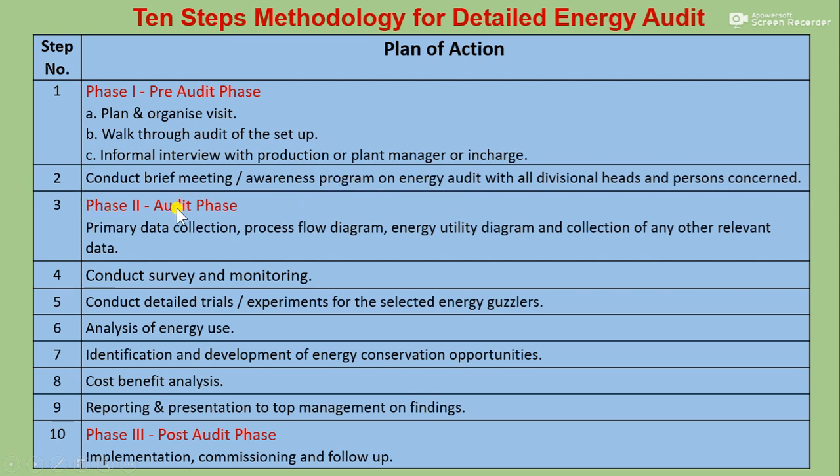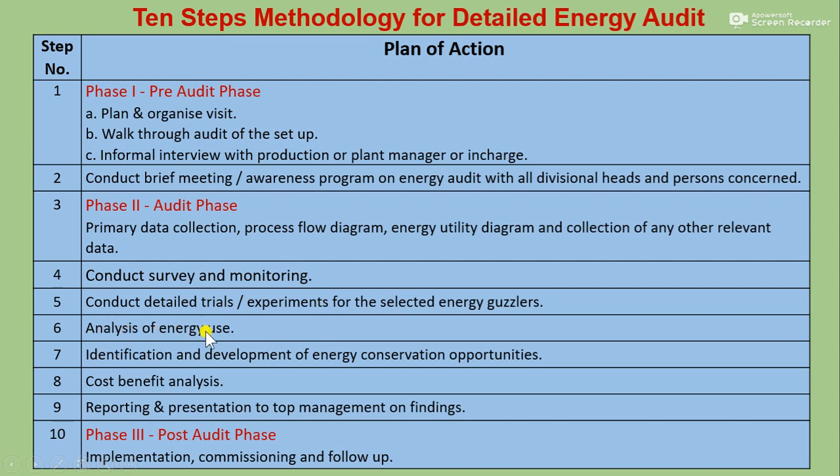Phase 2, that is audit phase, it has steps 3 to 9. So this is the big work. In this, primary data collection is done: process flow diagram, energy utility diagram, collection of any other relevant data is done. Then surveys are conducted. Then trials and experiments are conducted.